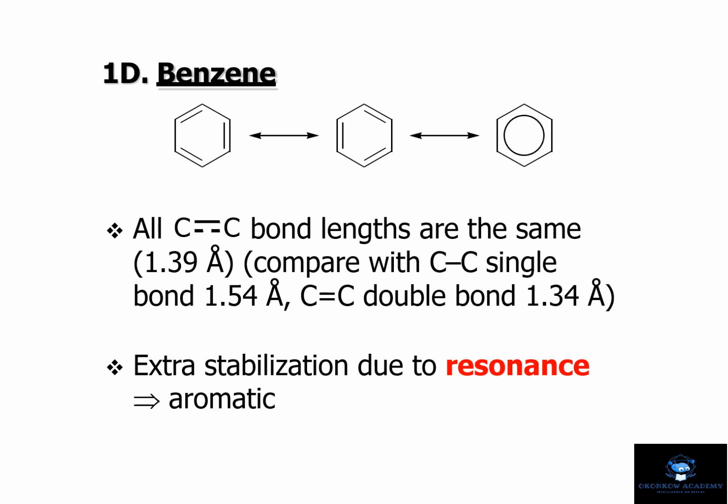This tells us that benzene doesn't have alternating single and double bonds. Instead, the pi electrons are delocalized evenly around the ring. This delocalization gives benzene extra stability called aromatic stabilization or resonance energy. So that's what's shown in the red.